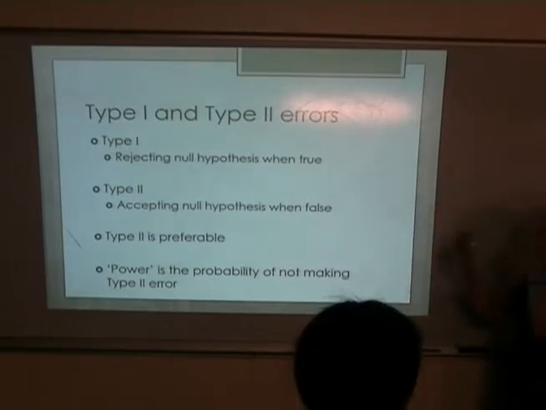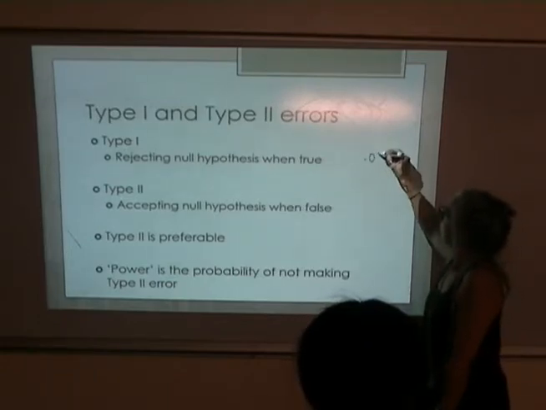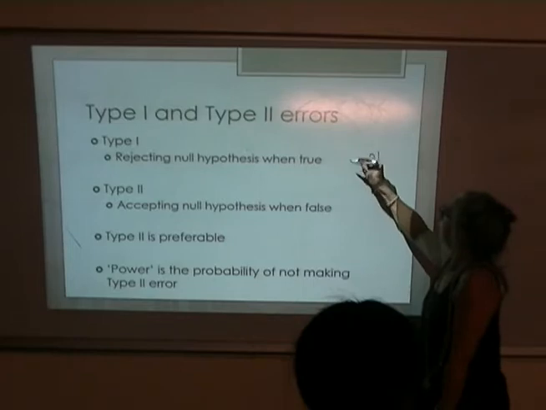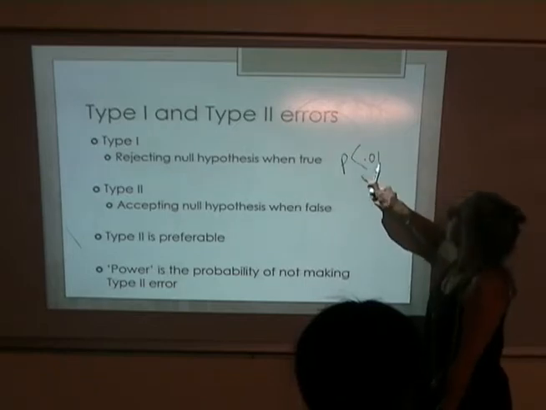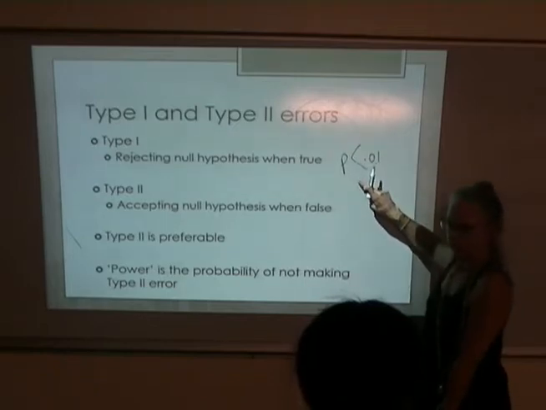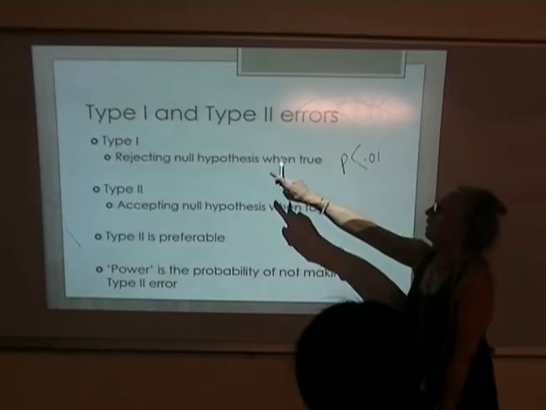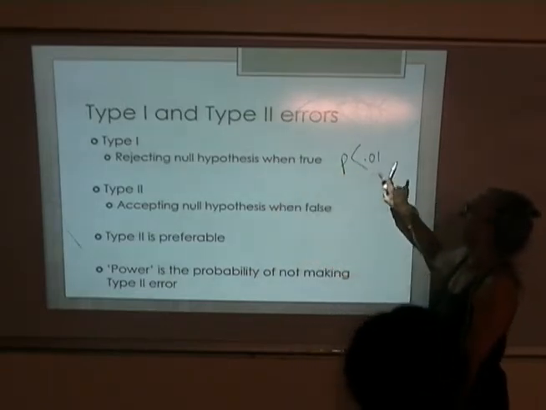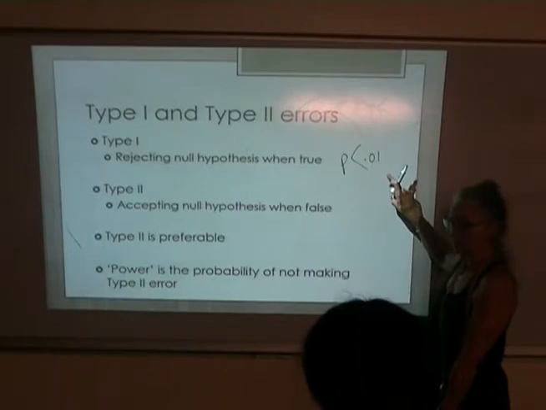If I use 0.01, and I state that I did find a significant difference, and that isn't right, then that's a type 1 error.